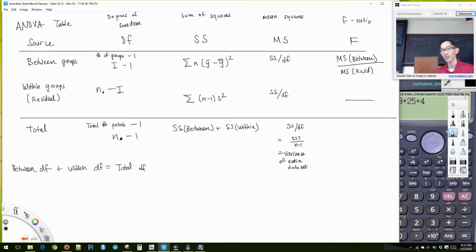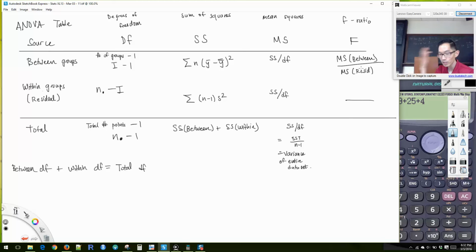That's why it's called the F ratio. So this value will follow what's known as an F distribution. And once we have this, we can go to a reference table to go from this statistic to a p-value.